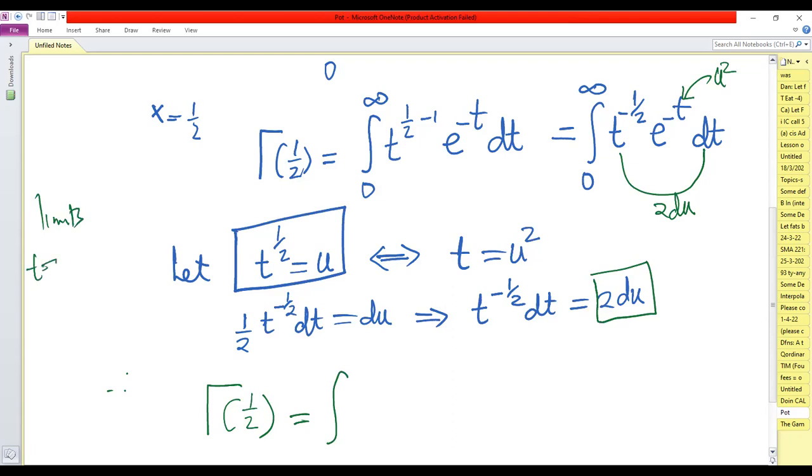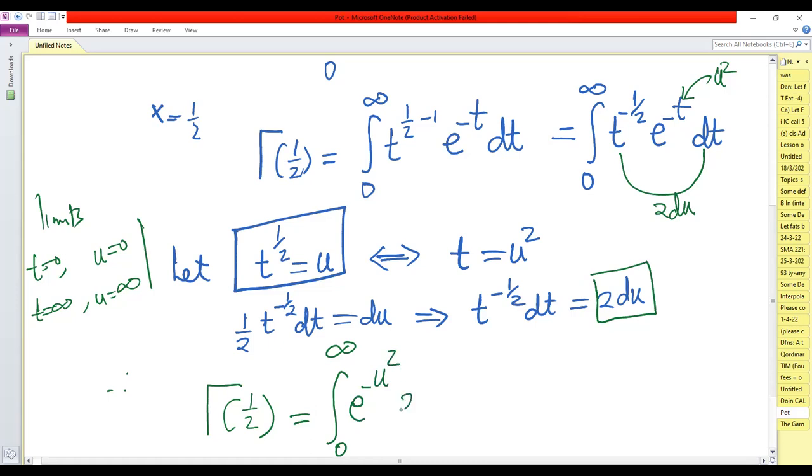When t is 0, then u will also be 0, since the square root of 0 is 0. And when t is infinity, u will also be infinity. So limits do not change. So it will be 0 to infinity. So t raised to power negative a half times dt is what will give me 2 du, and then this will have e raised to power minus u squared, and then 2 du.